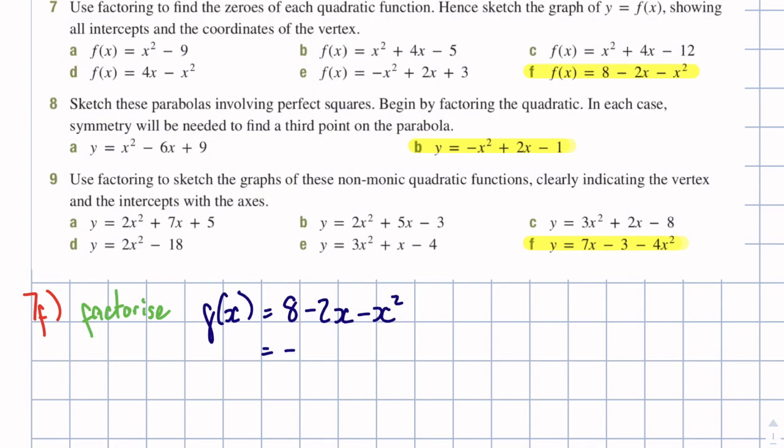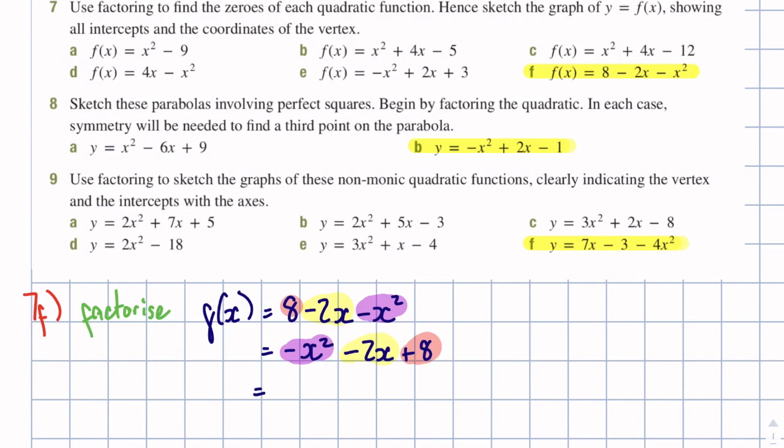So I'm going to rearrange this. So negative x squared, take 2x, plus 8. Because don't forget, each of these negatives belong with the actual term. So that negative x squared went there, the negative 2x went there, and this 8, well, it's a positive 8 because there's no negative out the front of it.